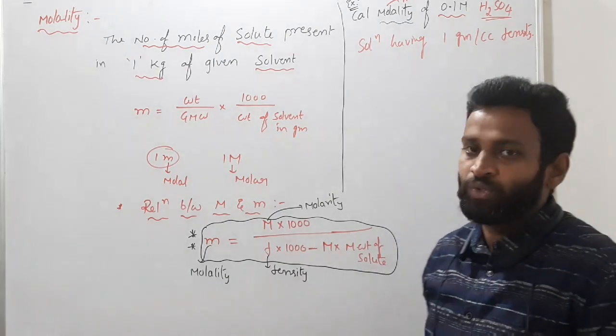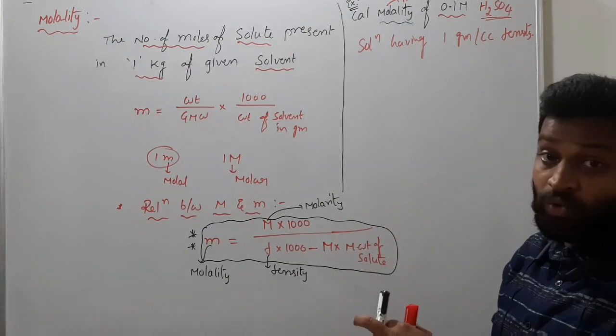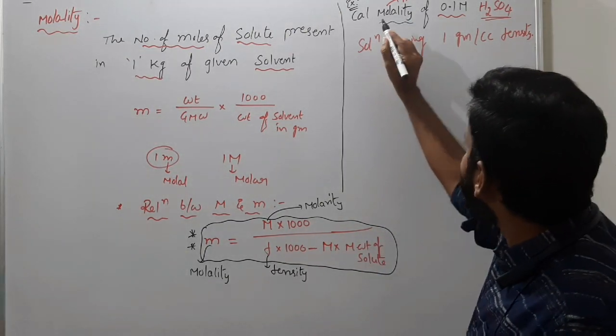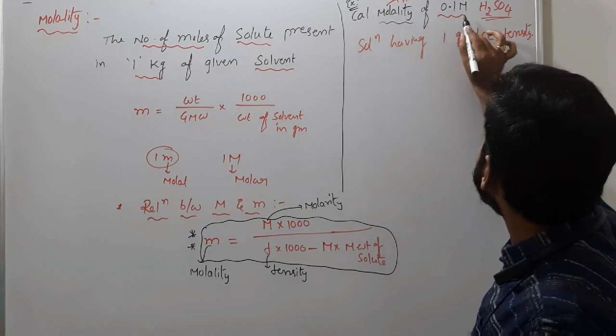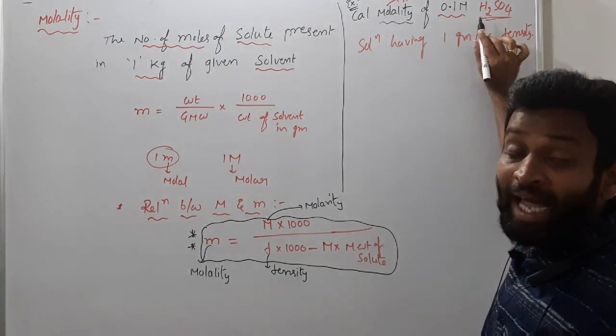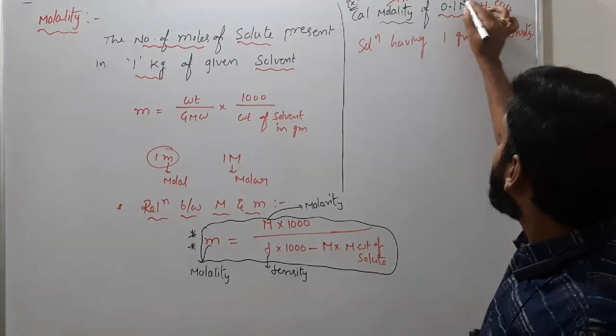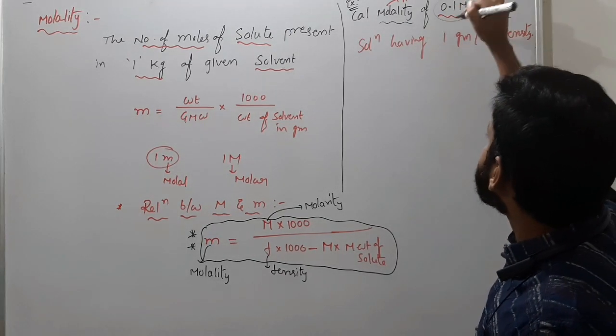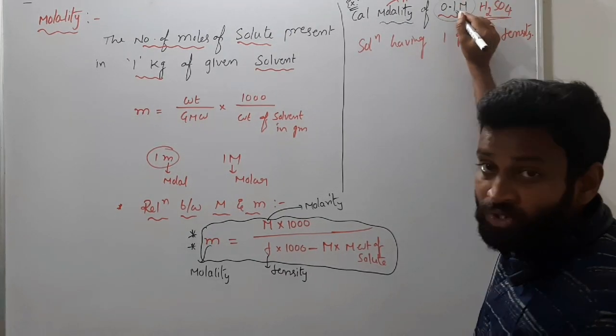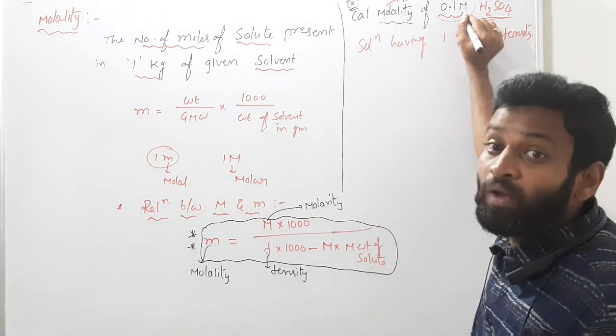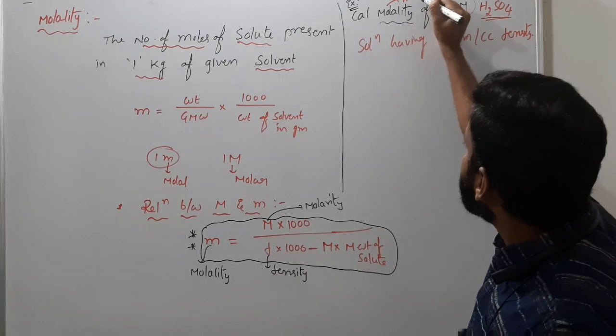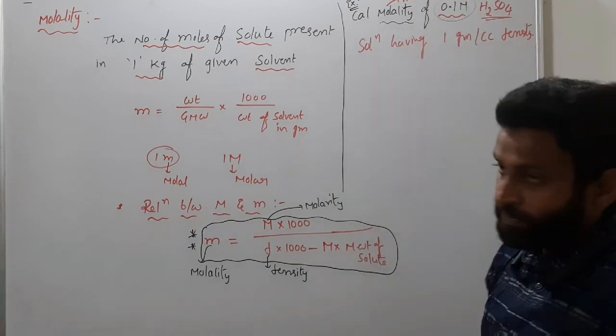Sulfuric acid is the solute. So what do we have to do now? Calculate molality of 0.1 M. Molarity is given and molality is asked.